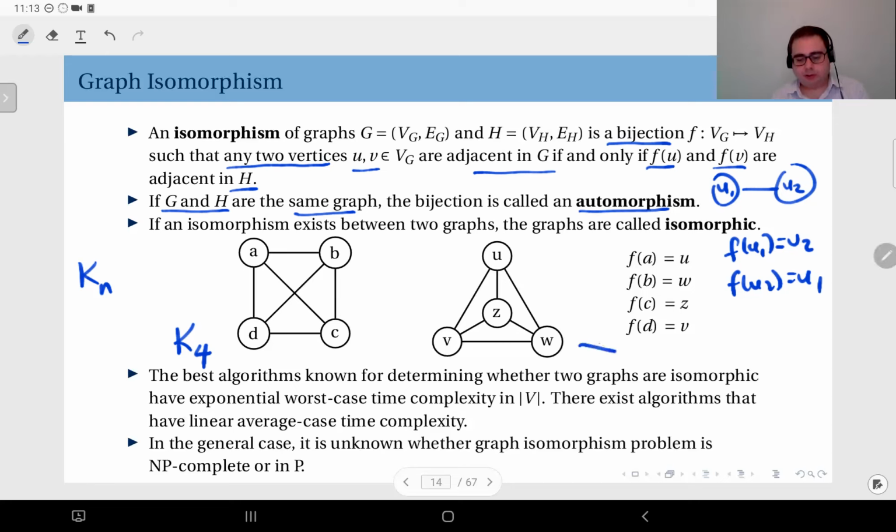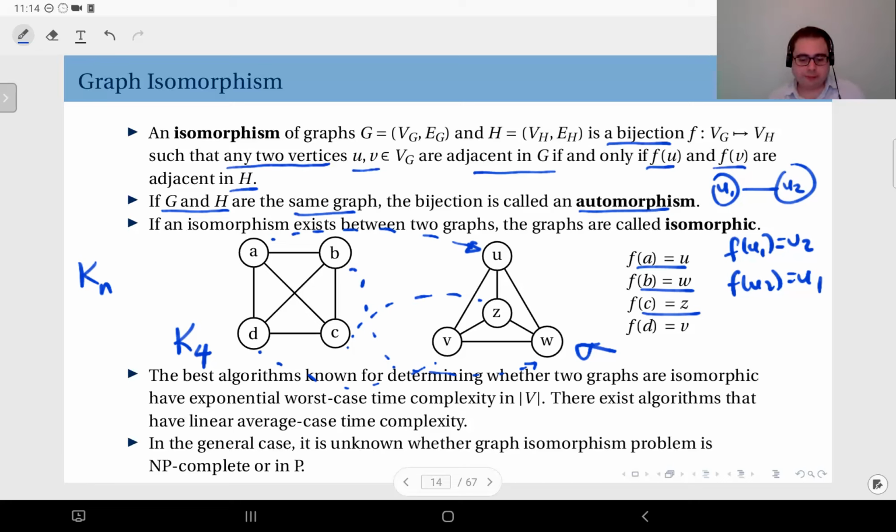And when you look at this graph on the right-hand side, you see that when you map A to U, B to W, C to Z, and D to V, you preserve the relationships, or the edges, between each pair of vertices.